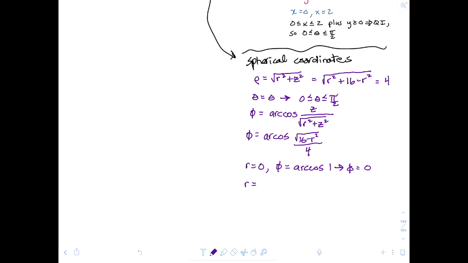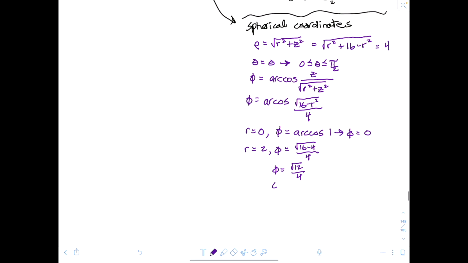For r equal to 2, phi would be root 16, 2 squared is 4, so minus 4 over 4. So phi would be root 12 over 4. 12 is 4 times 3, so we would have 2 root 3 over 4, and that would be root 3 over 2.